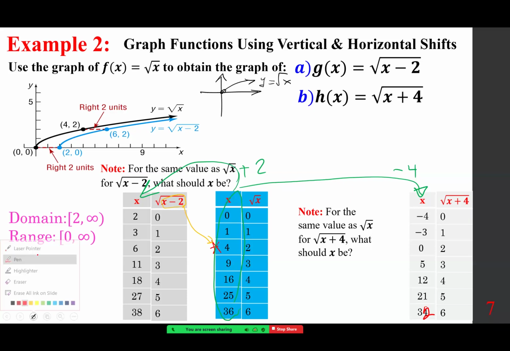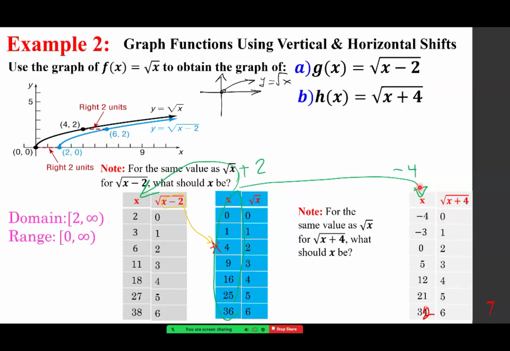I want to make sure that we understand why. 32 goes in here, plus 4 becomes 36, the square root of that is 6. 21 goes in here, plus 4 is 25, the square root of that is 5. 12 goes in here, plus 4 is 16, the square root is 4. 5 goes in here, 5 and 4 is 9, the square root is 3. 0 goes in here, square root of 4 is 2. Negative 3 gives you 1, square root of that is 1. Negative 4 gives you 0, the square root is 0. So that is what's happening.